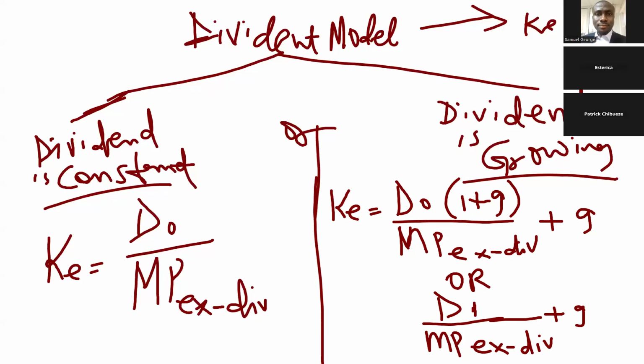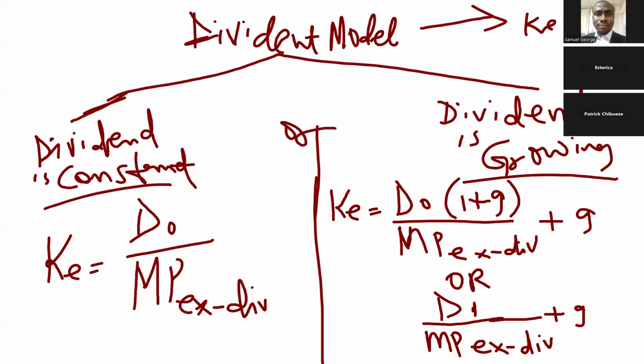Now, I will come back to growing dividend later. Let's talk about constant dividend. So this is how constant dividend works. If dividend is constant, you are doing dividend of year zero divided by market price. D0 here is the current dividend, whatever the dividend is presently, or maybe the last time they paid dividend.